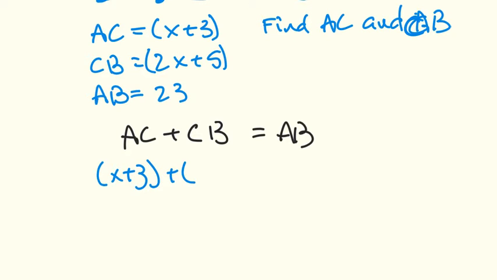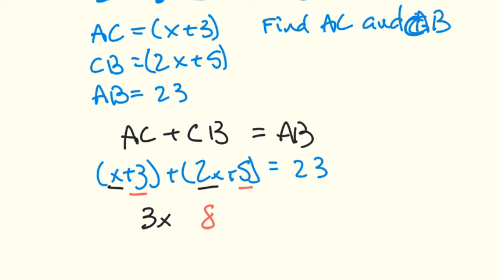We're going to replace CB with 2x plus 5. And AB with 23. So next we're going to open these parentheses up and combine like terms. I've got an x and a 2x. That gives us 3x. And then I got a 3 and a 5. That gives us a positive 8. And then over here we've still got our 23.